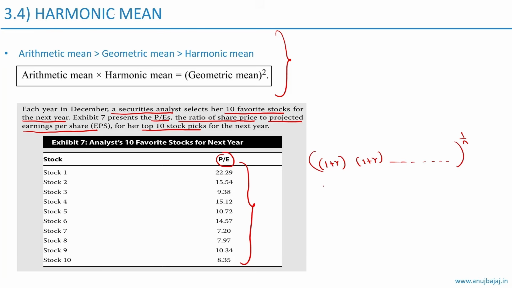We do not add 1 to it. So in this case, we will take 22.29 multiplied by 15.54 and so on until 8.35. And then we will take the 1 by 10 power of this entire figure. And the answer you will get will be your geometric mean. So calculate all the three means for the 10 price to earnings ratios and verify these relationships by yourself.